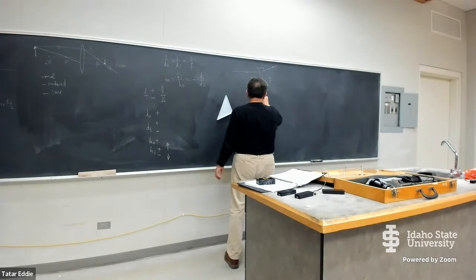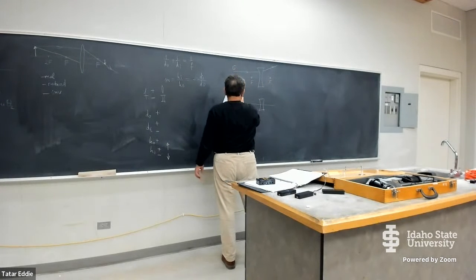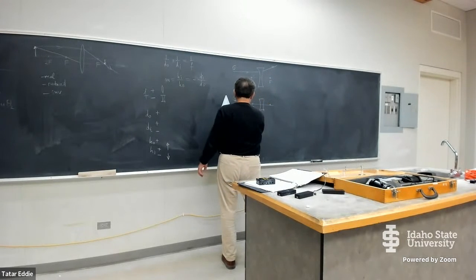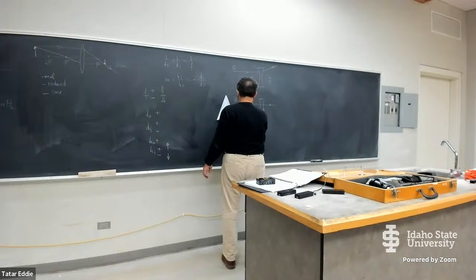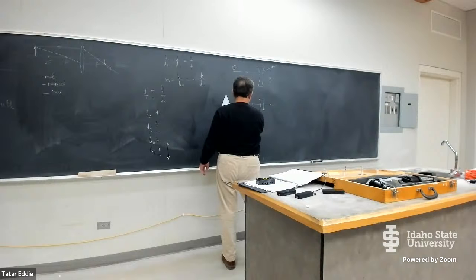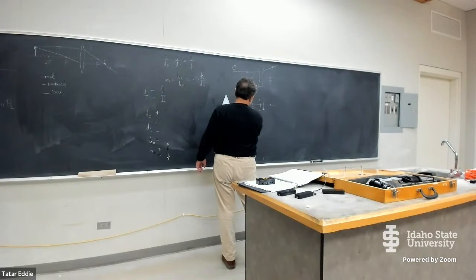The second easy to trace light ray. So this is one. The second easy to trace light ray would be a light ray that comes in, let's do it this way.